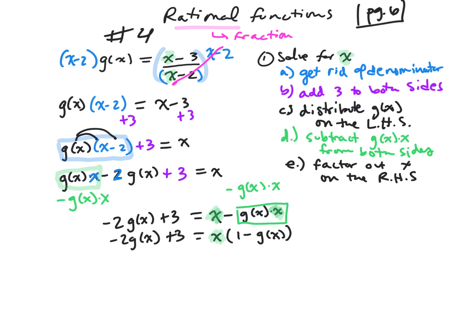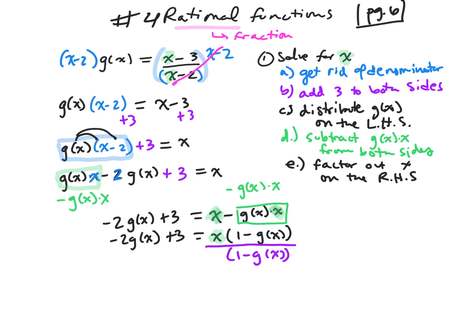My second to last step is to divide. So I'm going to divide, let's use purple, out this thing here, 1 minus g of x, because again, I want x alone.